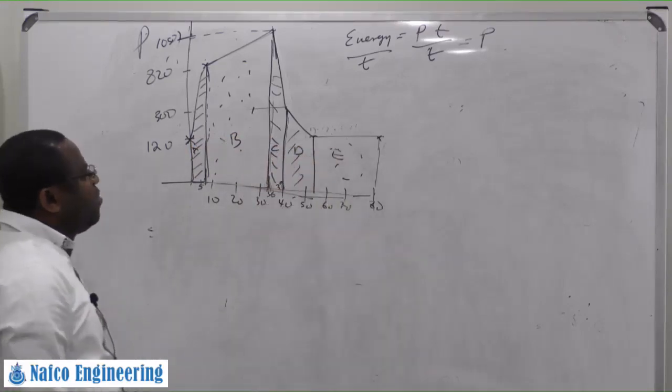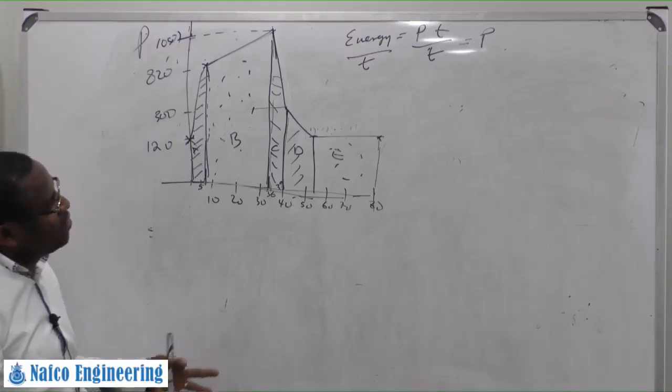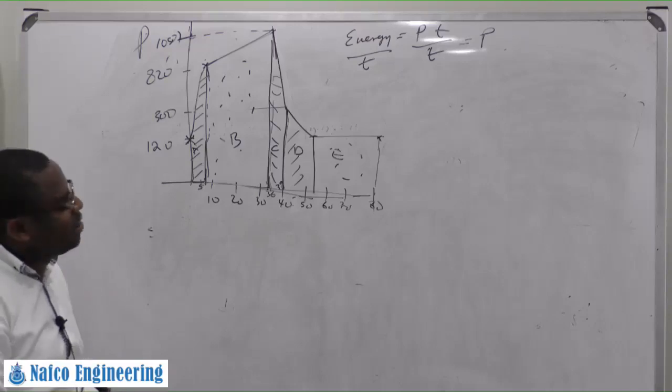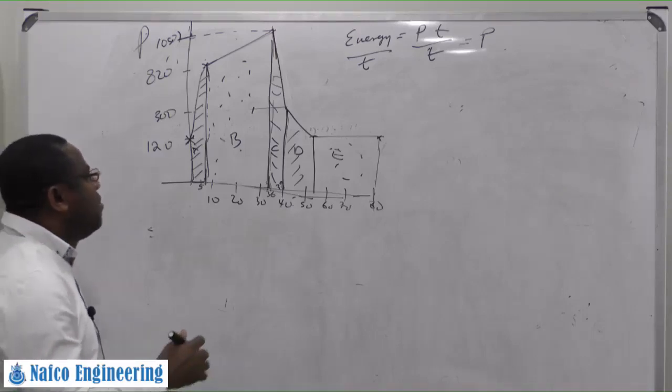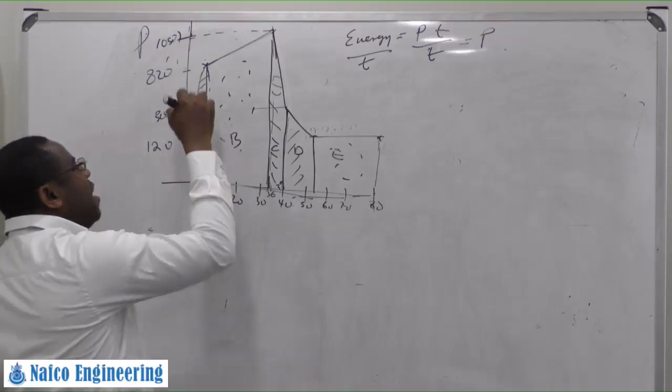So I'm just going to add these areas, the areas A, B, C, D, E. If we add them together, we'll get the total energy. And then we can from there calculate average power. How do we get the energy? I said the energy is power times time.